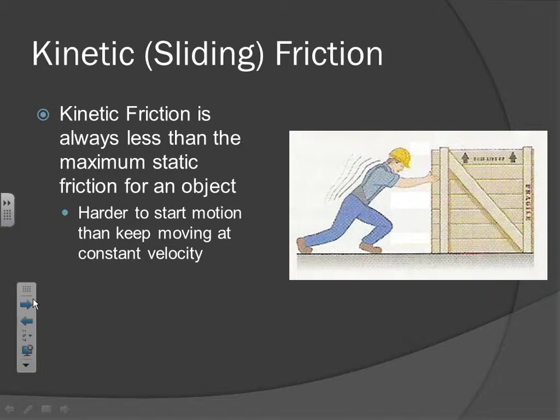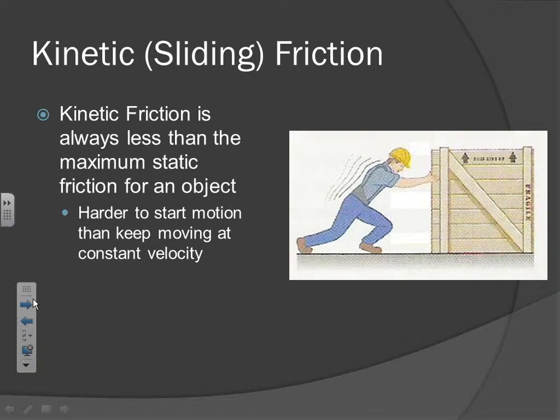I push a little harder, still nothing happens, right? But I give it a big shove, and that happens, right? So at the beginning, when I'm giving it the big shove, I overcome the maximum static friction value, so it starts moving. But what eventually happens to it? Slows down and eventually stops.